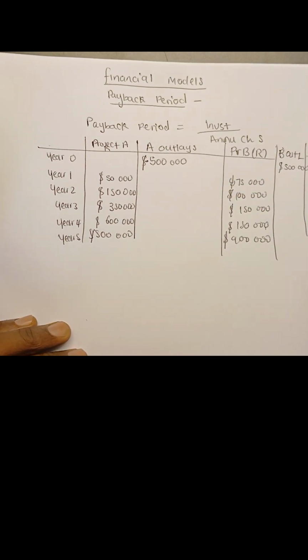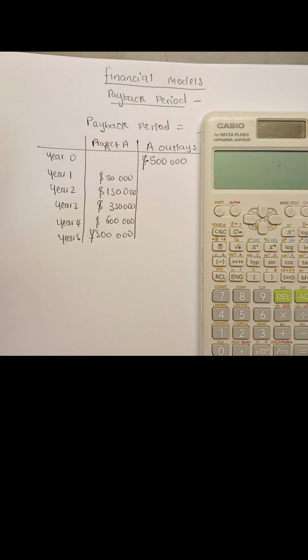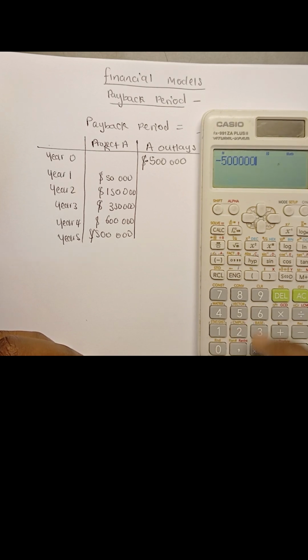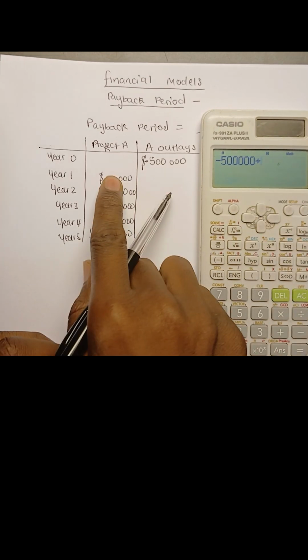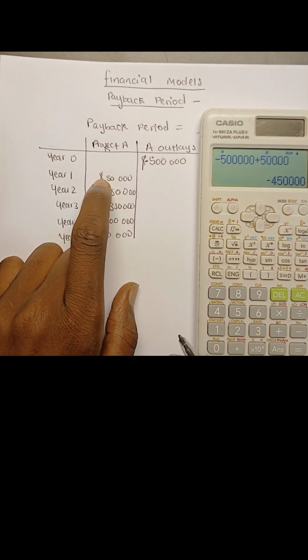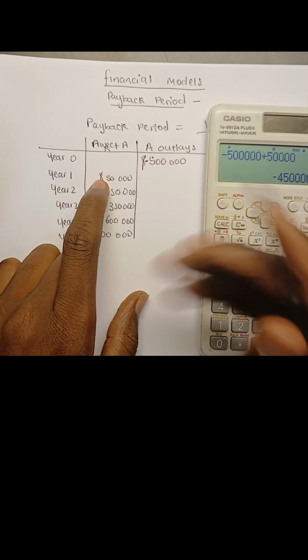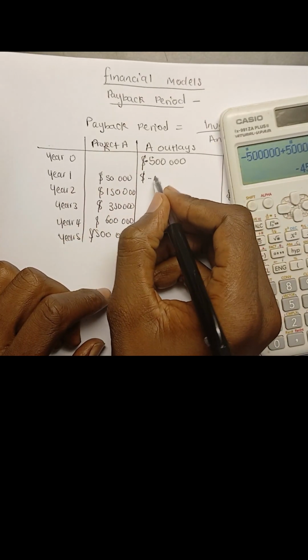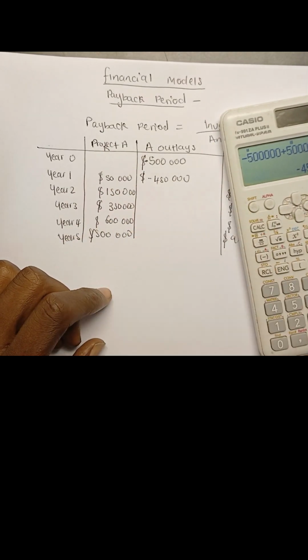So that means this is negative, right? What you only have to do here is take your calculator. This is practically accounting, right? So you take your calculator, don't forget to switch it on. Then negative 500,000 plus year 1, which is 50,000, gives you negative 450,000.